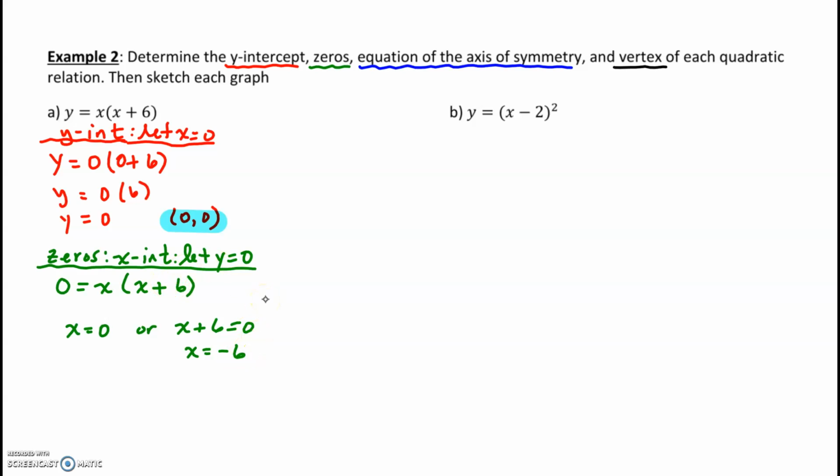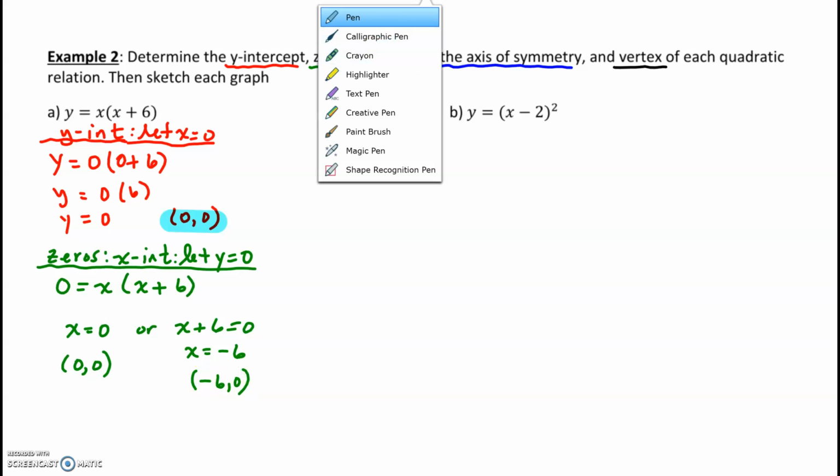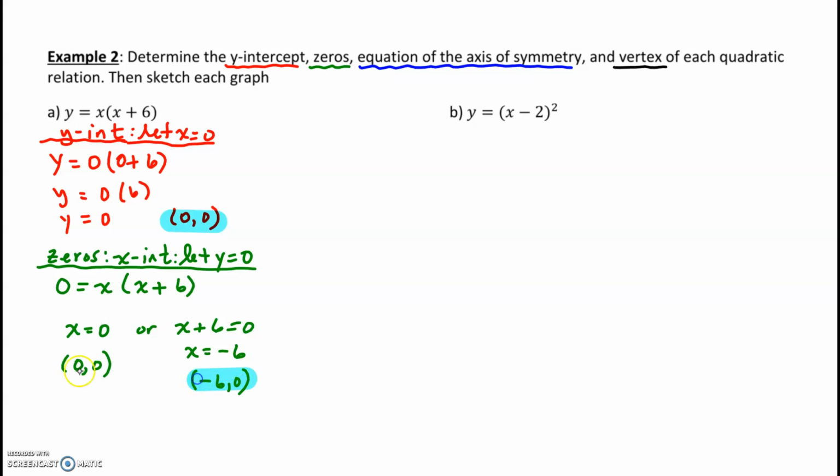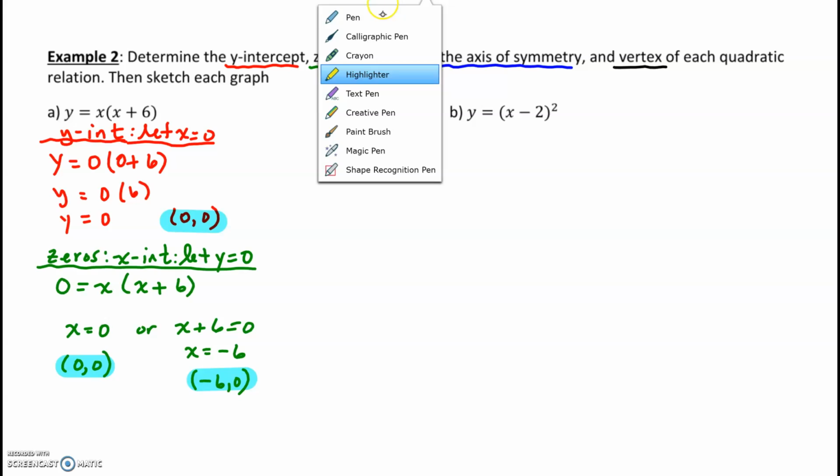And those are our two x-intercepts. So again, the origin, which makes sense, since the y-intercept is also the origin, and then negative 6, 0. I'm going to highlight it. Those are two more points that we're going to use to graph our equation. All right, we got the zeros done. We got the y-intercept done.